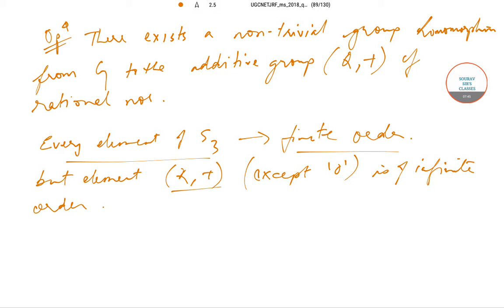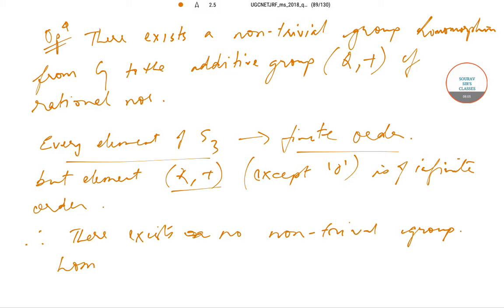So therefore there exists no non-trivial group homomorphism from G to Q plus. So therefore option 4 is false.